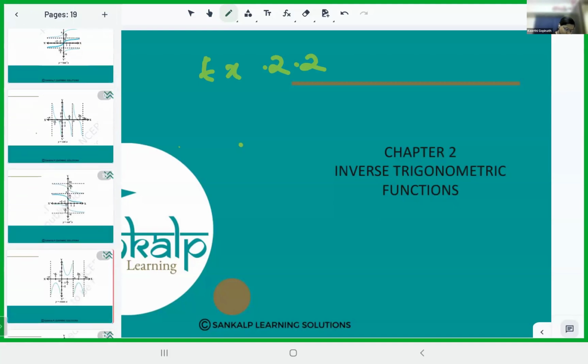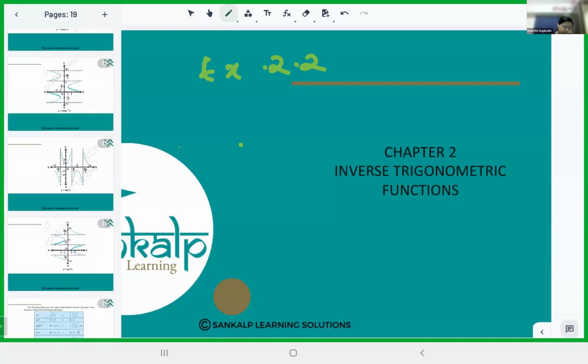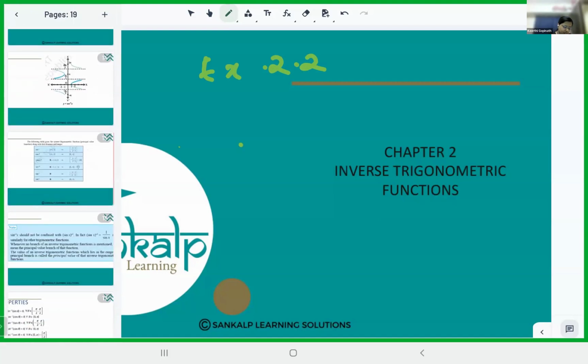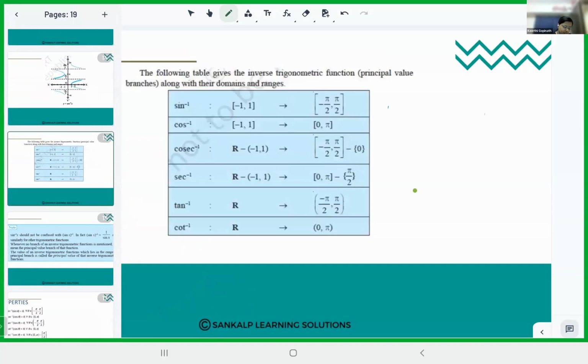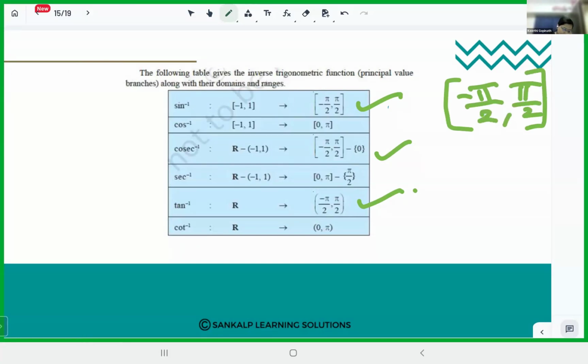just recall to you the PVB, the principal value branches of inverse trigonometric functions. So we have grouped this into three, right? Sine inverse, then tan inverse, then cosec inverse. The principal value branches of these functions are: for sine inverse, it is the closed interval minus pi by 2 comma pi by 2, and for tan inverse, it is the open interval minus pi by 2, pi by 2.